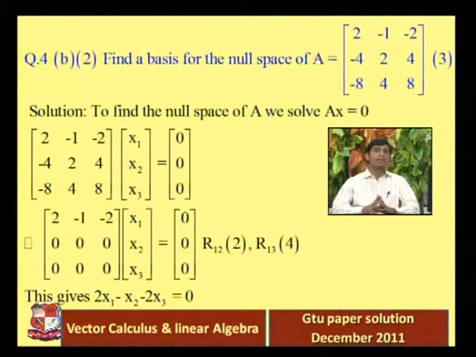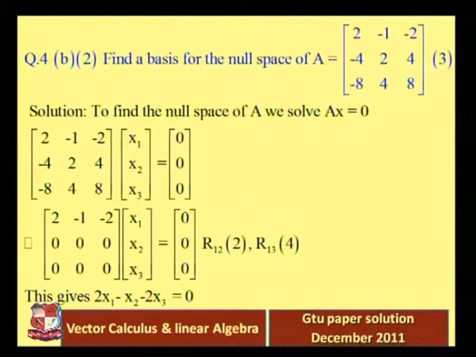Now you should know that in row echelon form, whenever we solve a linear system of equations of this type, we consider the columns that do not have a leading entry. You can see the first column has the leading entry 2, but the second and third columns do not have any leading entries.